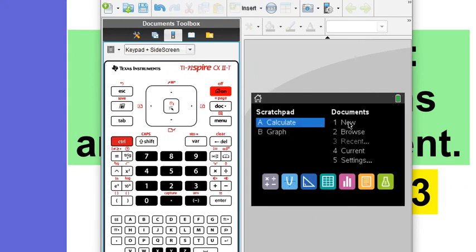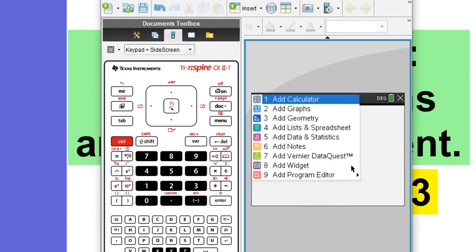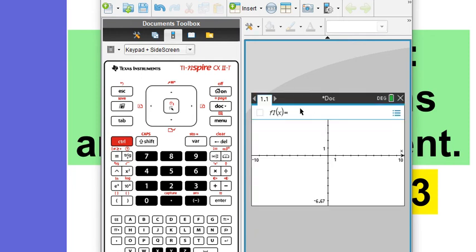Home screen, new document, say no to drugs, and add a graph page. So the first expression that I want to consider is 3x plus 4. So f1 of x equals, what I'm doing is taking this equation and setting it equal to the expression 3x plus 4.